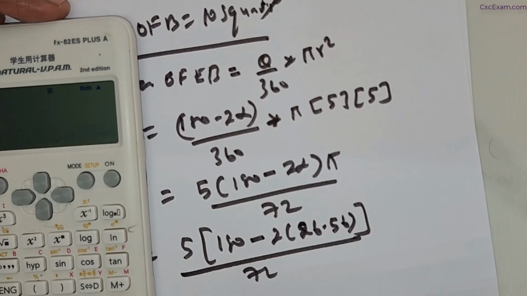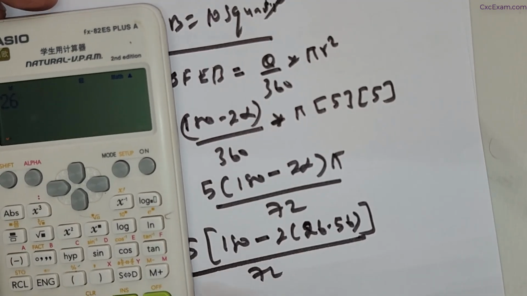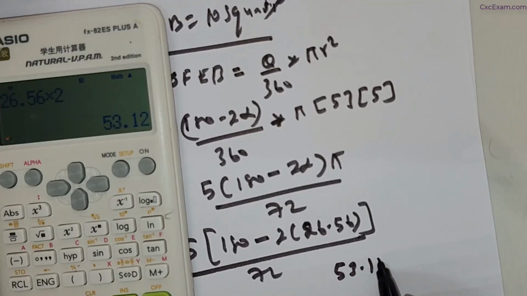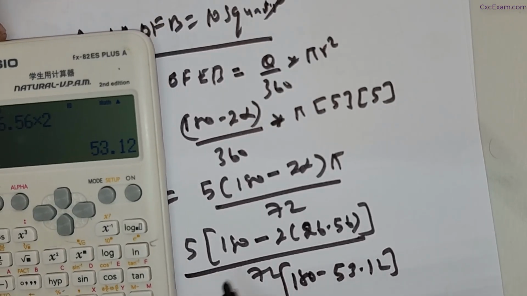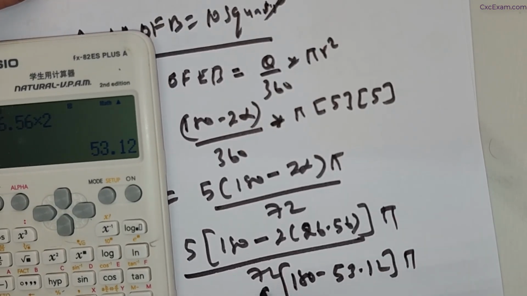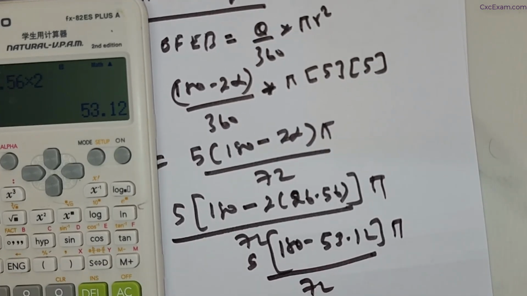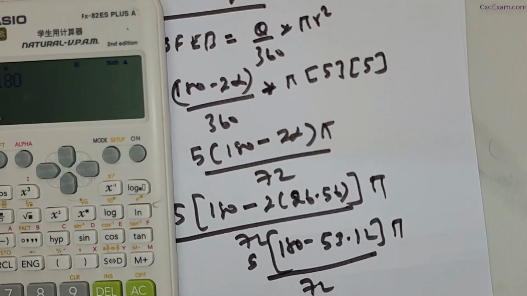Let me show you. 26.56 times 2 gives you 53.12. So 180 minus 53.12, you have a pi there, a 5 here and a 72. From 180 I'm subtracting 53.12, that's giving me 126.88.